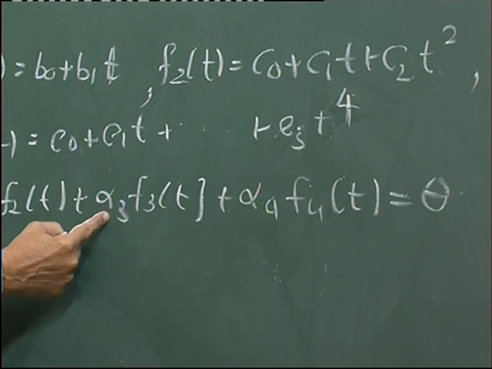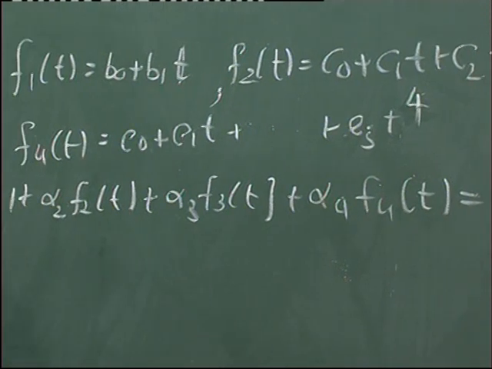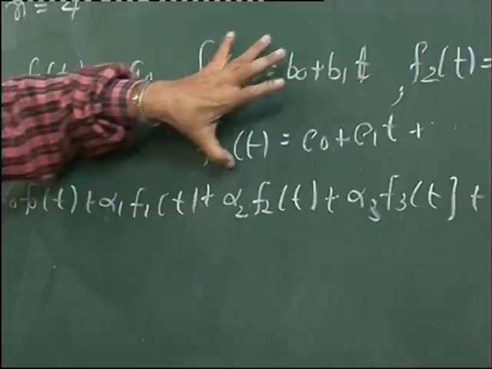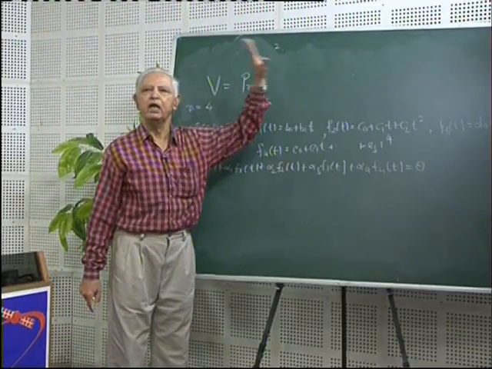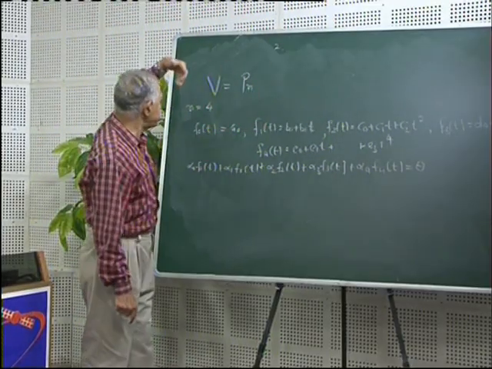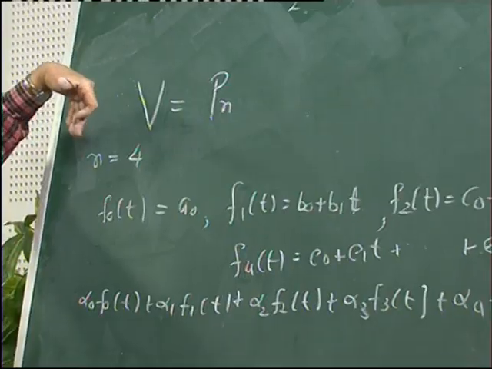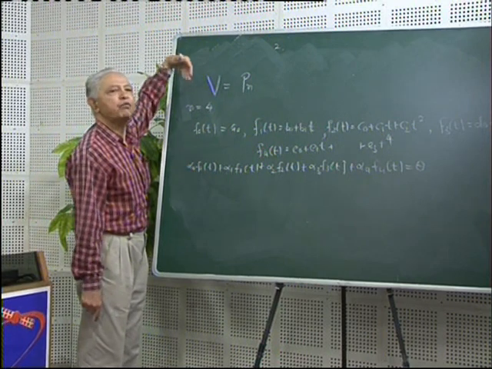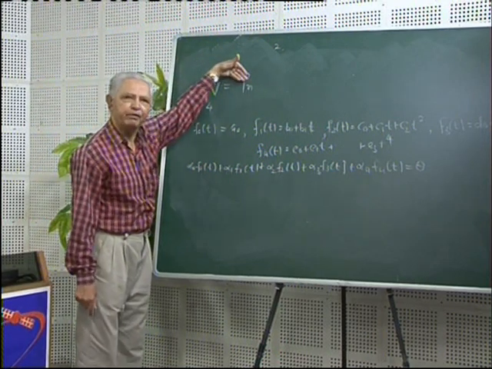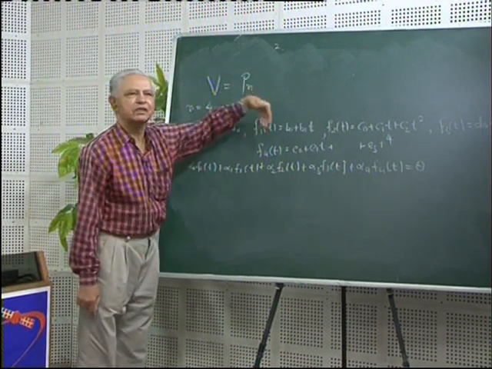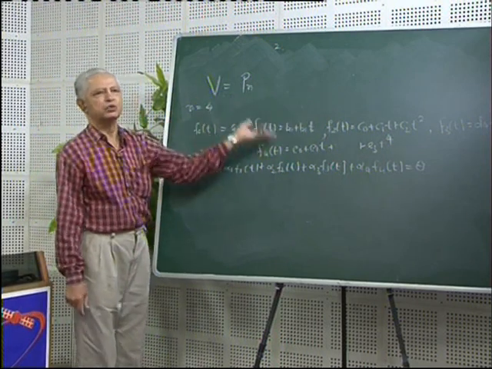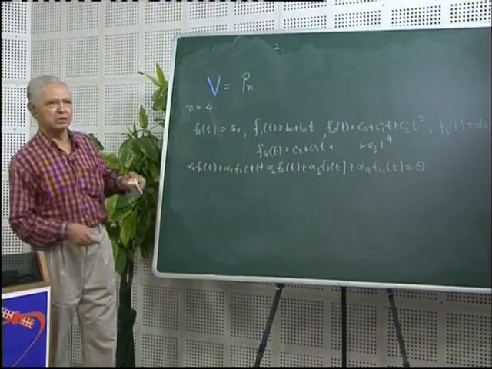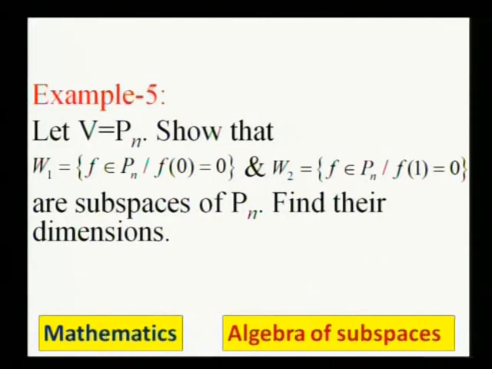Similarly, we can prove that alpha 3, alpha 2, alpha 1 and alpha 0, all of them are zero. So, these are 5 linearly independent vectors, and since we have taken n equal to 4, dimension of V is equal to 5, and these 5 vectors are linearly independent, and so we get the result. So, this is the result. Now, we go to the next example.